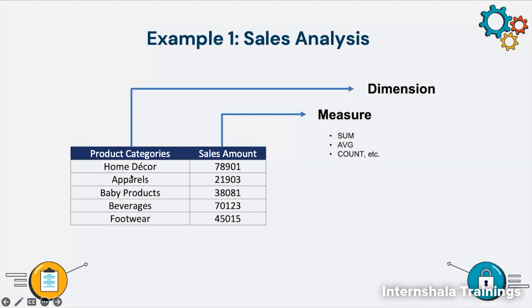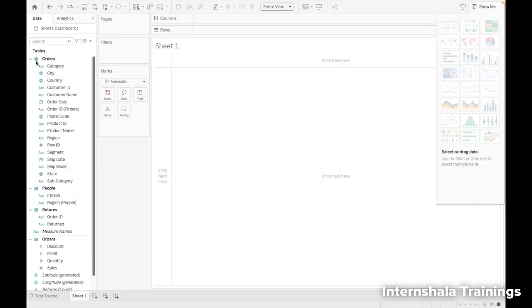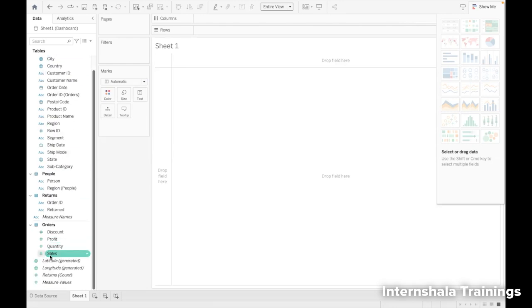So choosing the correct data type ensures that Tableau accurately represents the relationships in the data. So here, if I want to compare the product category and the sales, I have category as a text or a dimension and the sales as the numerical value, that is the measure.